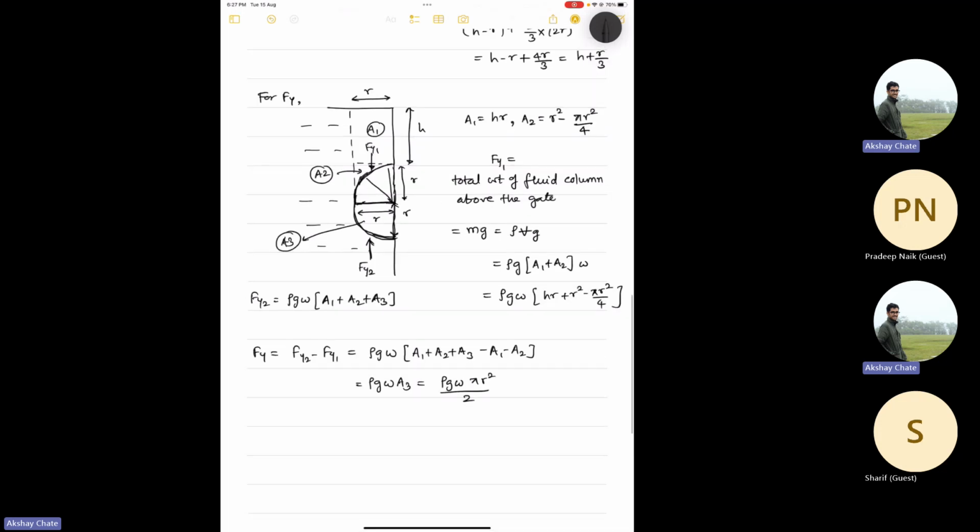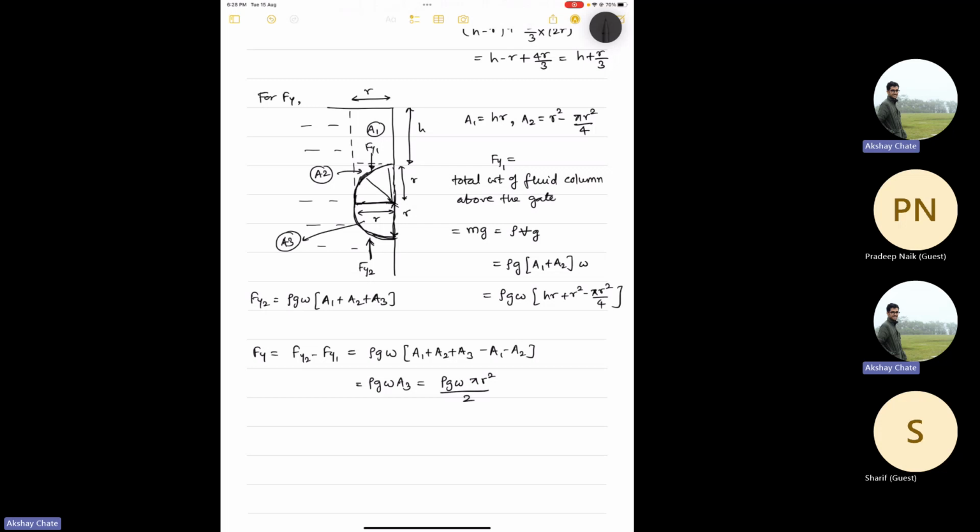Just look at the question and realize that there are two forces, Fy1 and Fy2, but they are acting in opposite direction, and their CG is also on the same line only, so therefore we can directly subtract them. Otherwise, we can't do that. But anyway, we are doing force balance, so we can do that.